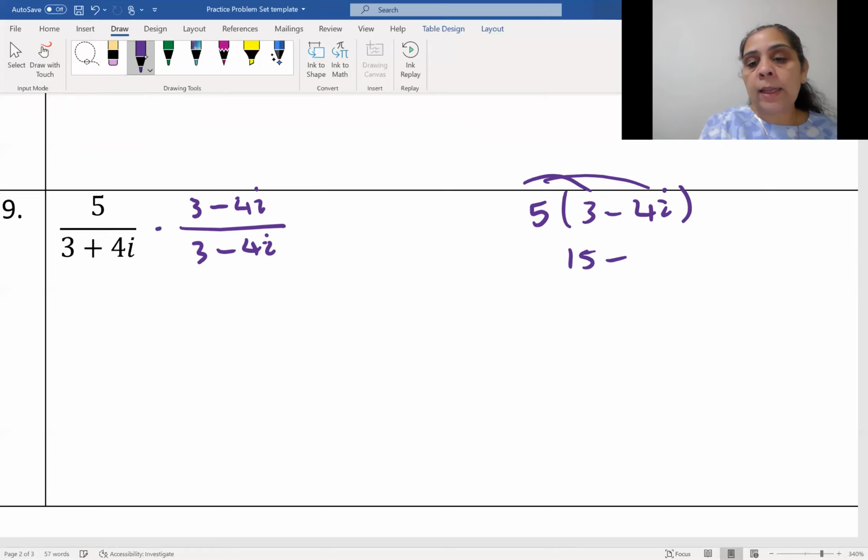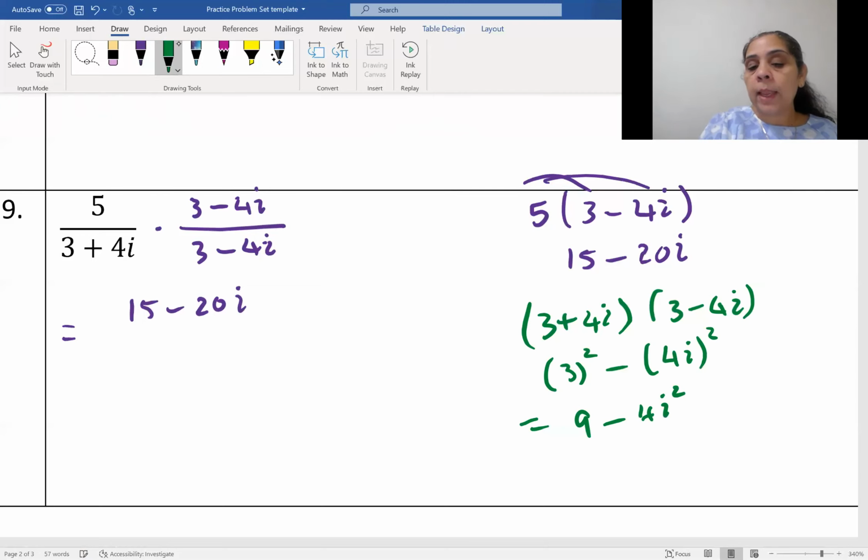So we have the same term in both factors and opposite signs. So we can just use x squared minus y squared. So you will do 3 squared minus 4i squared. So it is 9 minus 4i squared. And i squared is negative 1. So it will become plus 4.